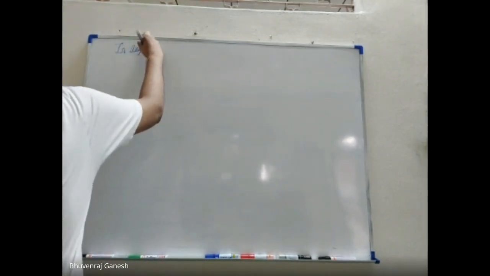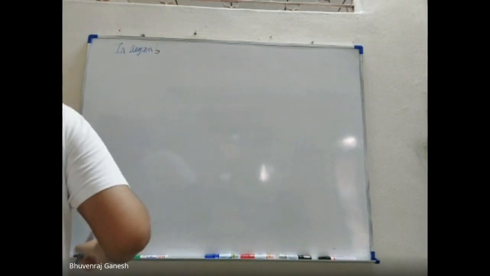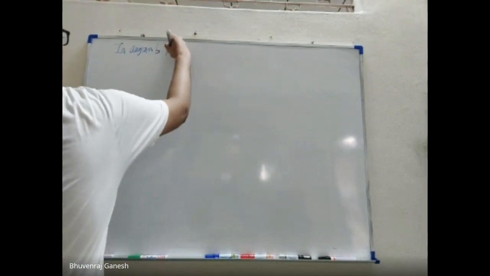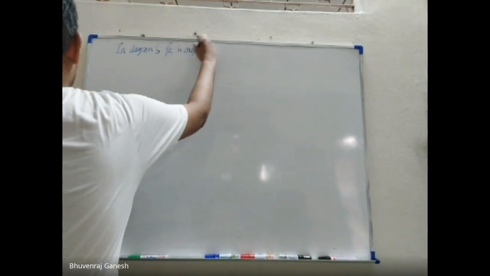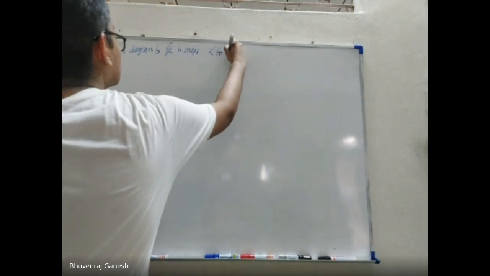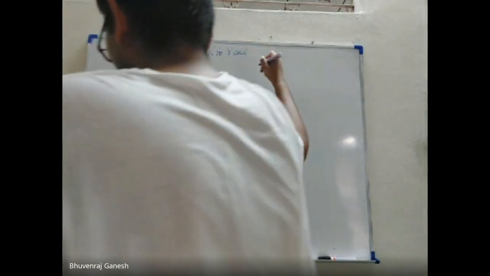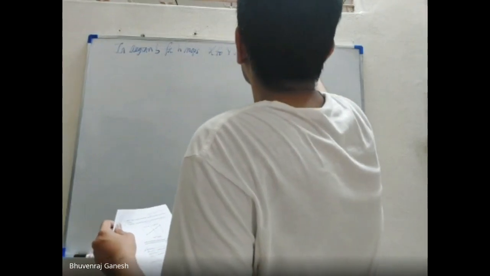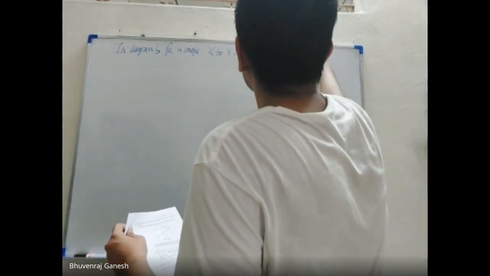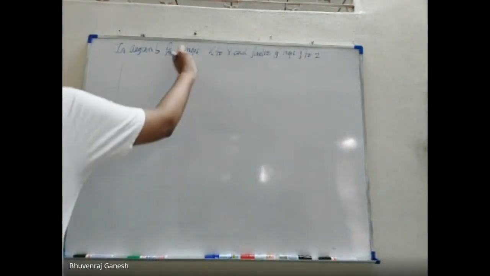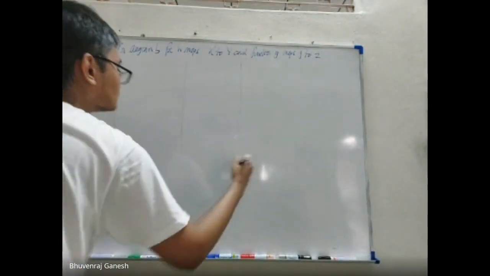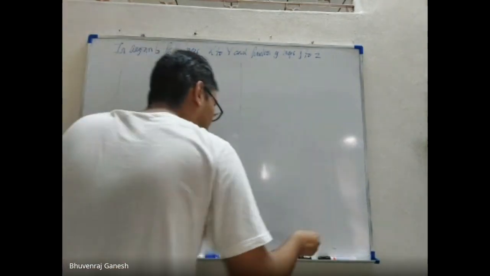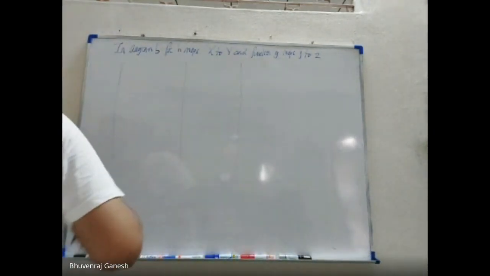So they gave you in diagram 1, function h maps x to y and function g maps y to z. So they gave you this kind of arrow diagram thing. And then they gave you numbers inside, very common.